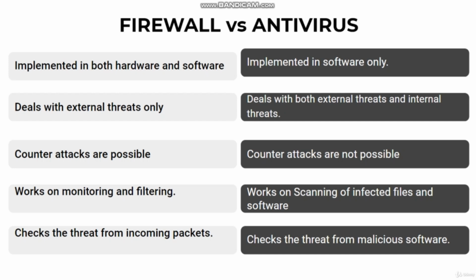It doesn't filter the files, but it scans them and then performs three steps: quarantining, repairing, and deleting. A firewall checks the threat from incoming packets, but once the packet has passed through the firewall, it doesn't care, because it checks at the entry point itself, whereas antivirus checks threats from malicious software, spam, and emails.